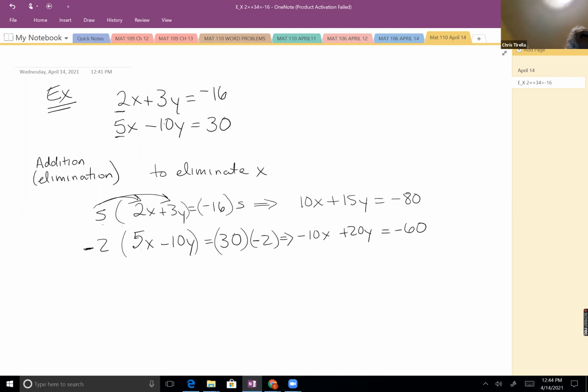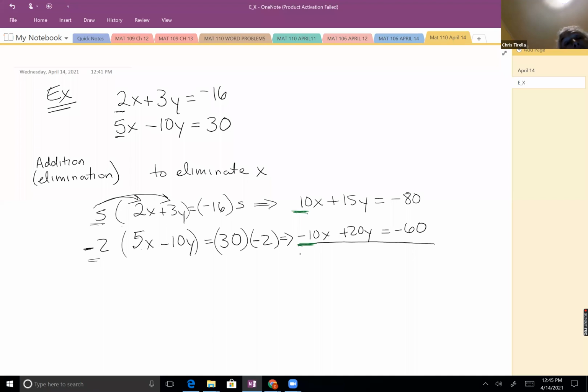Another careless mistake that I sometimes see is some people start by just adding the given equations. If I were to just add those given equations, nothing would be eliminated, so it doesn't help me. But because we chose carefully the 5 and the negative 2, do you folks see now that the x coefficients are opposites?